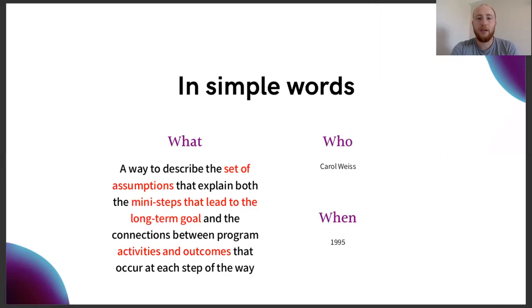But in this video lesson, what you need to know is the simple idea of theory of change: this is a set of assumptions that explains the many steps that lead to the long-term goal. It also shows you connections between the program activities and the outcomes that occur at each step when you implement this program. It was invented by Carol Weiss in 1995.